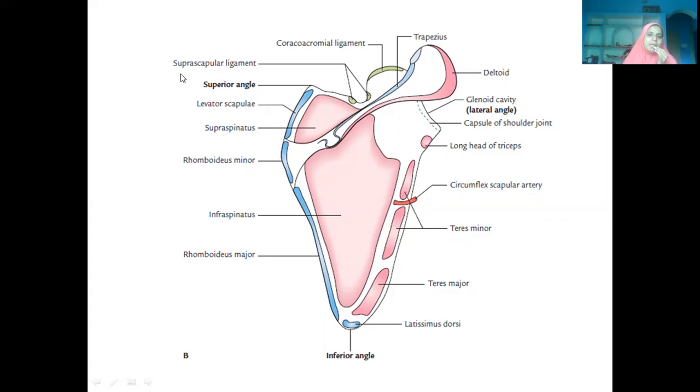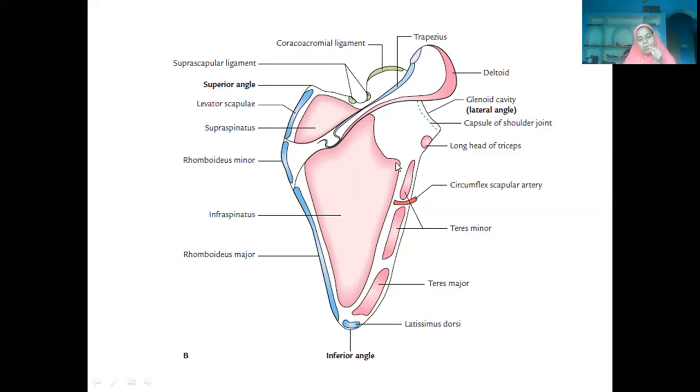We call this ligament the superior transverse scapular ligament. Its attachment converts the suprascapular notch into the suprascapular foramen. It becomes as though it is a hole. So below the ligament, you will see the suprascapular nerve passing. Above the ligament, you will see the suprascapular vessels passing.